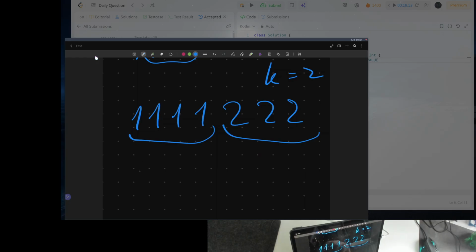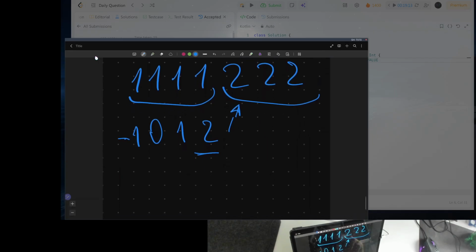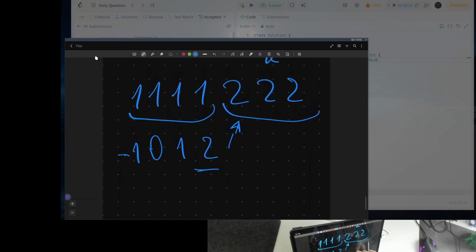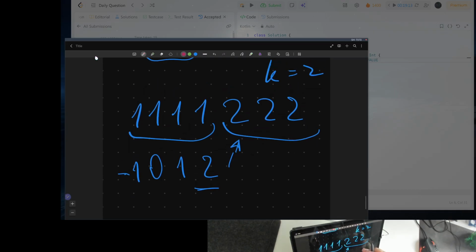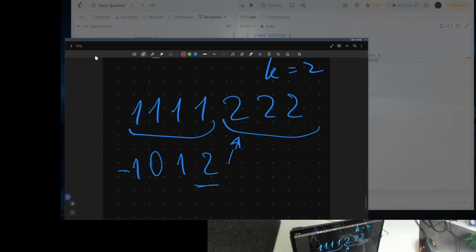If we apply minus 2 to the ones, this becomes minus 1, 0, 1 and 2, and this 2 intersects with the next. So we have to consider this. We should reimagine how we solve this problem, and it's not just taking this kind of duplicates.